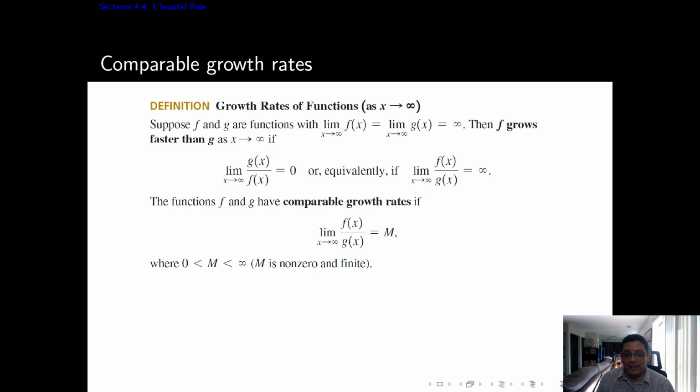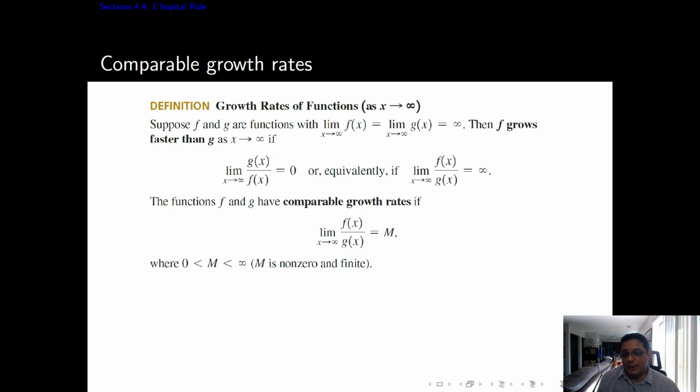You can say f grows faster than g if the limit when x goes to infinity of g of x over f becomes 0, or equivalently, if the limit when x goes to infinity of f over g is infinity. The dominating factor is going to infinity, and if the dominating factor is at the top, then the limit is infinity, and if the dominating factor is at the bottom, then the limit goes to 0.